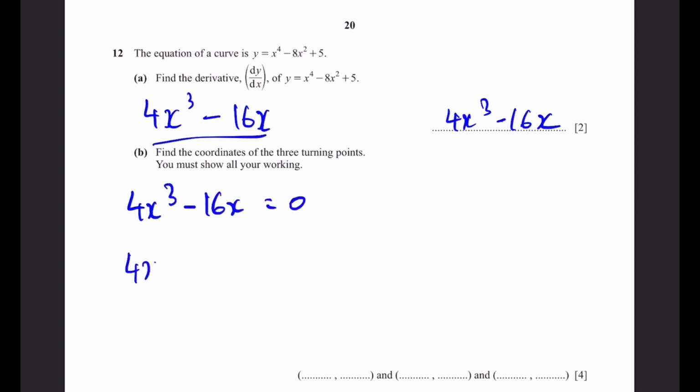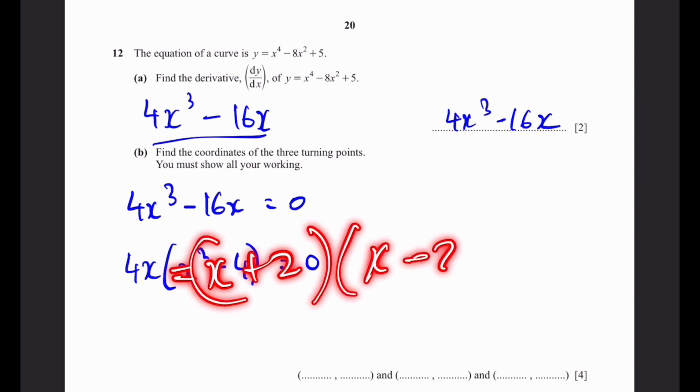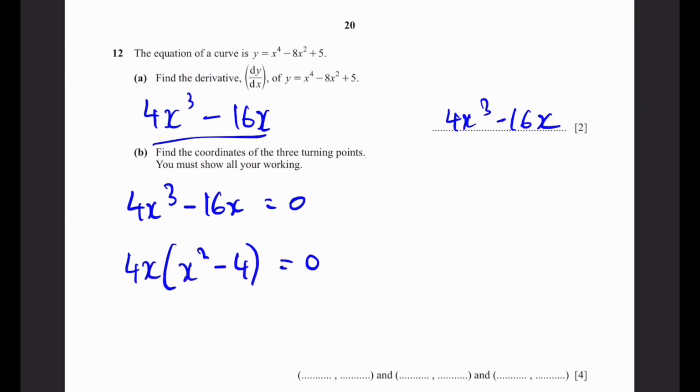We can bring a 4x out, and then inside the brackets we have x squared minus 4, that's equal to 0. x squared minus 4 is in the form of a squared minus b squared, because 4 is equal to 2 squared, and x squared is just x squared. So x squared minus 2 squared will be (x plus 2) times (x minus 2), because (a plus b) times (a minus b).